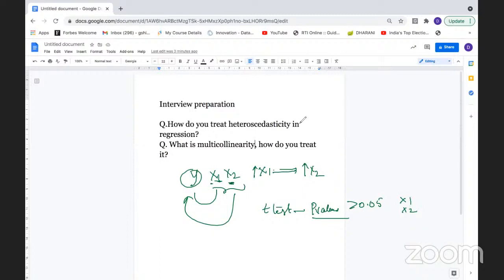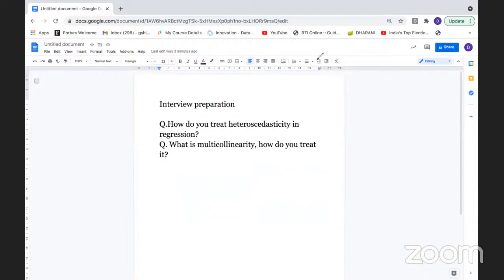Now, how do you correct this particular problem? One easy way is that we try to remove a variable, which is the last option for us. We never try to remove any of the columns because we know how much time and effort we put into collecting the data.